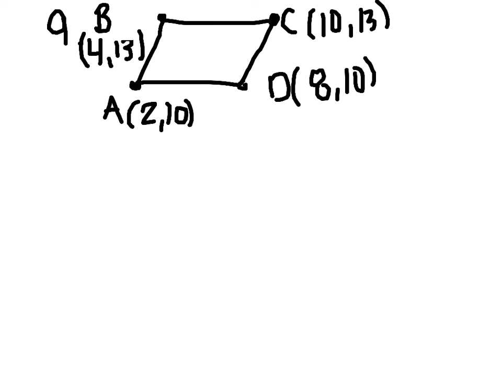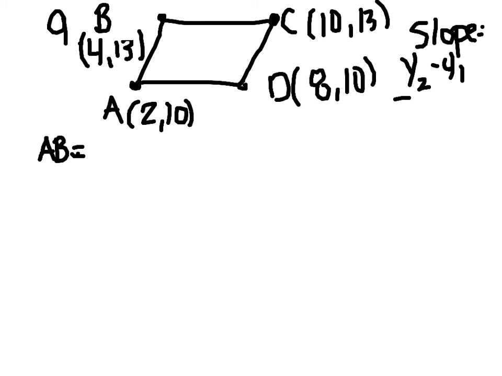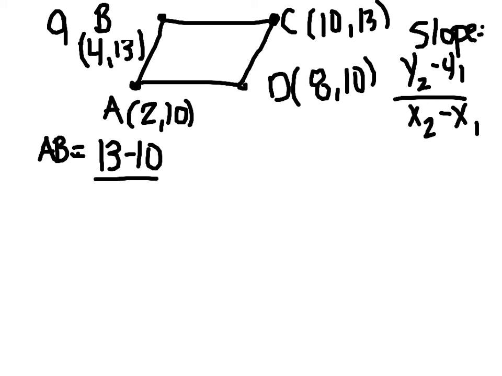But the question asked me to find the slope of line AB, which again, slope, I'm going to write right up over here, is y2 minus y1 over x2 minus x1. Okay? So I get 13 minus 10 over 4 minus 2, which is 3 over 2.